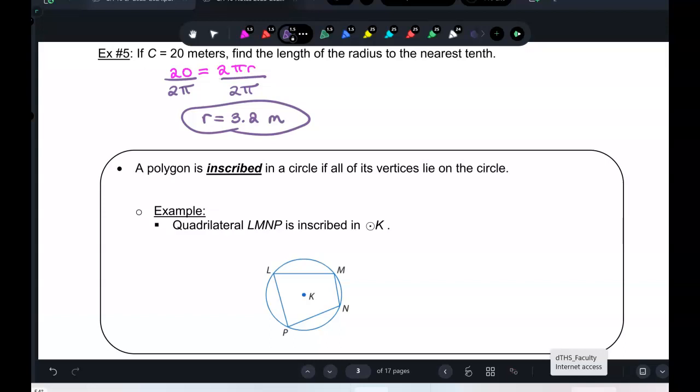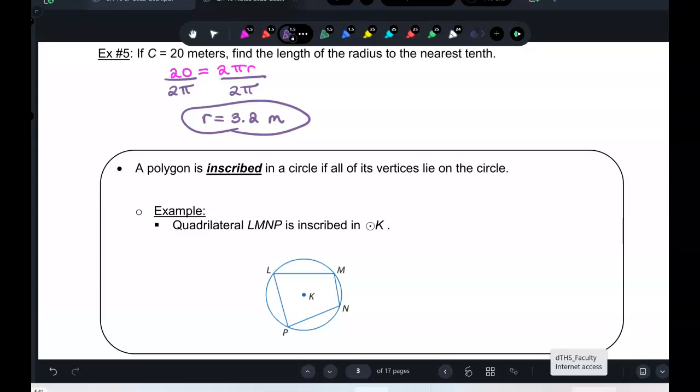Circumference equals 2 pi times radius. If there are no units provided, I'm not going to take off points. You can either leave it blank or put units squared. But if I give you something in meters, I want to have it in meters or square meters.